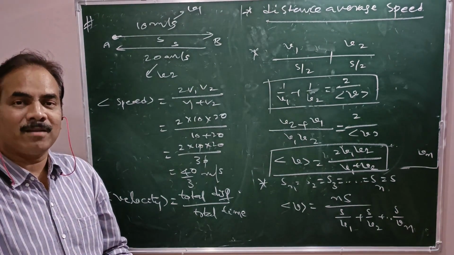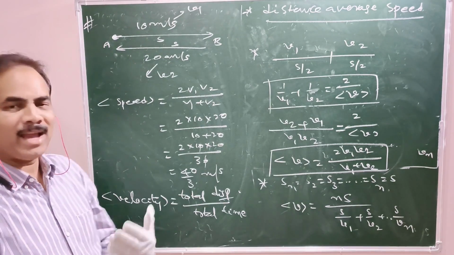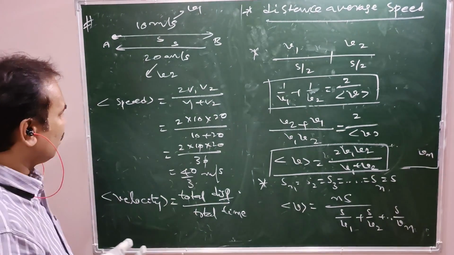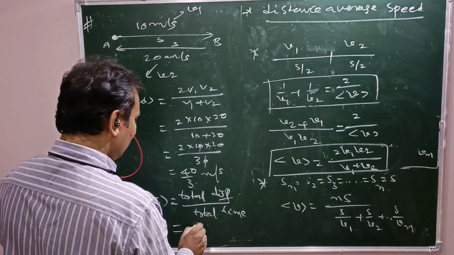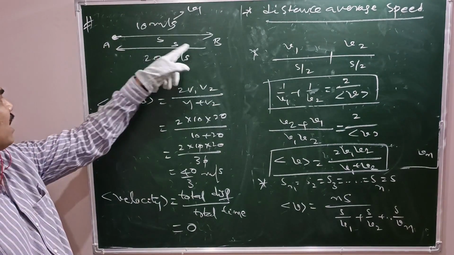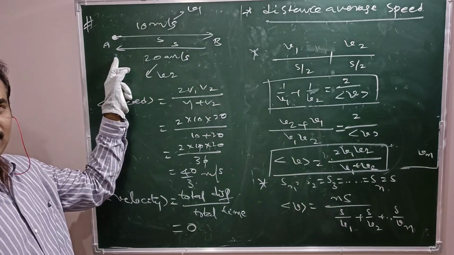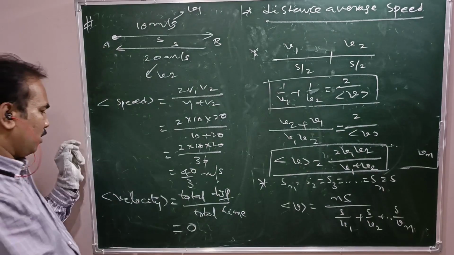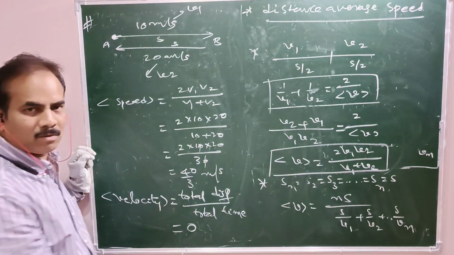Why? Because A itself initial and final means there is no magnitude of displacement. That is the reason why displacement is equal to 0. 0 by something, that is 0. See here, even though particle is under motion, definitely it moves from A to B and again from B to A, right? So therefore, velocity is 0, but speed is not equal to 0, right?